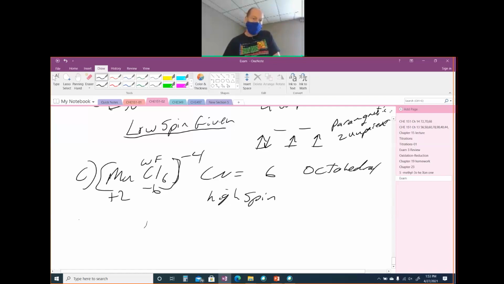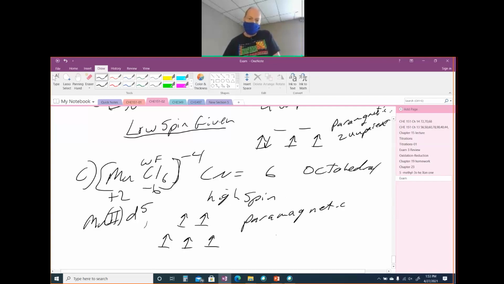So Mn2 plus is a D5. When you have high spin and you are D5, all 5 electrons are unpaired. So this is paramagnetic with 5 unpaired electrons.